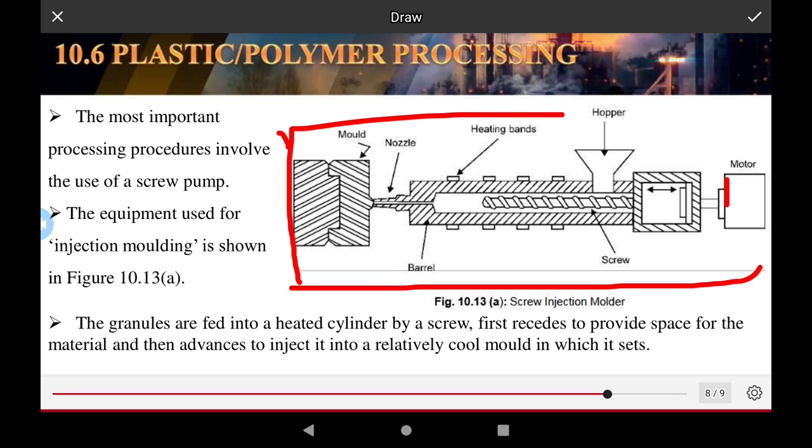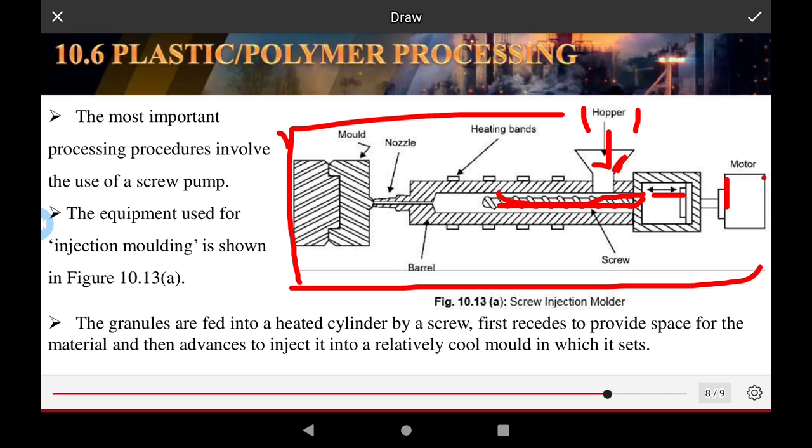This is the motor drive, the power supply for this procedure. This is the ram. This is the hopper, which collects the raw material of the polymer, non-organic polymers, as powder.